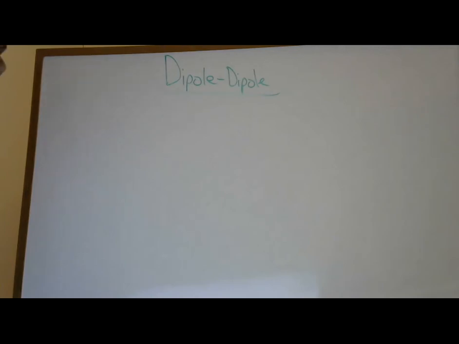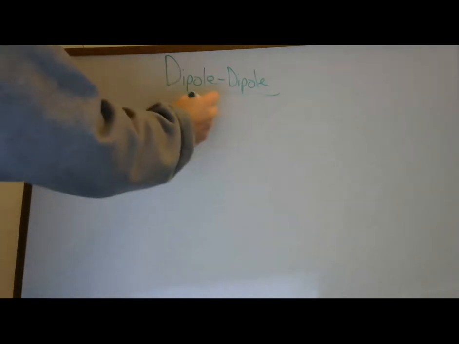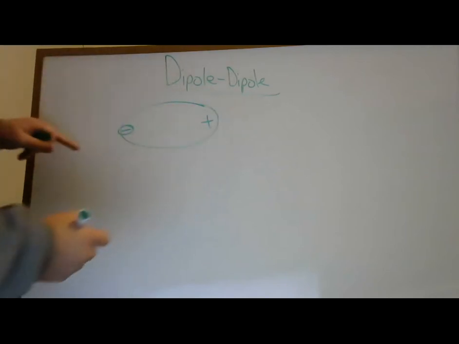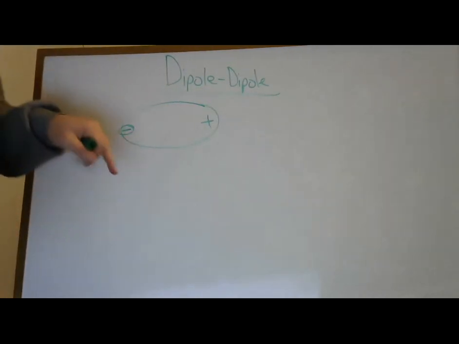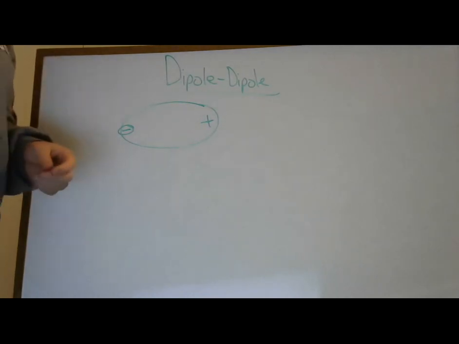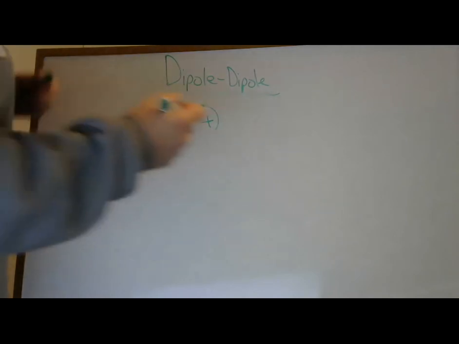So if that happens, then one of the elements is going to hog the electrons, and there'll be a negatively charged side and a positively charged side. So water is an example of that. The oxygen is negatively charged, the hydrogen is positively charged.